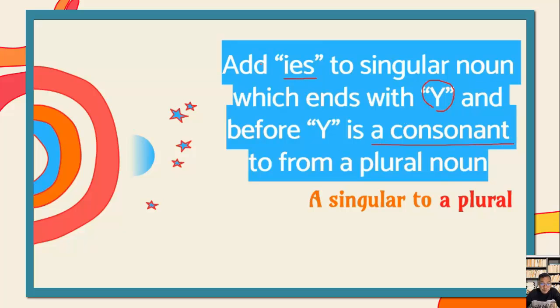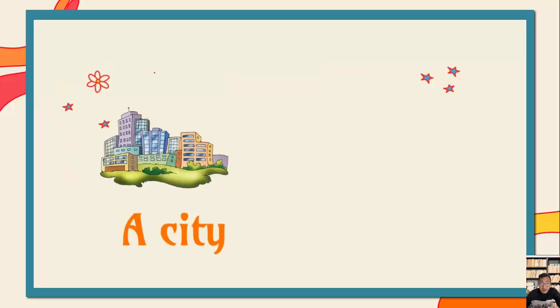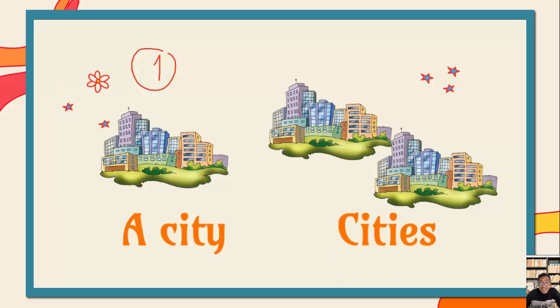Okay, just put ies after a noun ending with y when the letter before y is a consonant. For example, a city. This is one city. If there are many, we put cities. Drop y, or delete y, and put ies. So this is one city, 2 cities, all right?